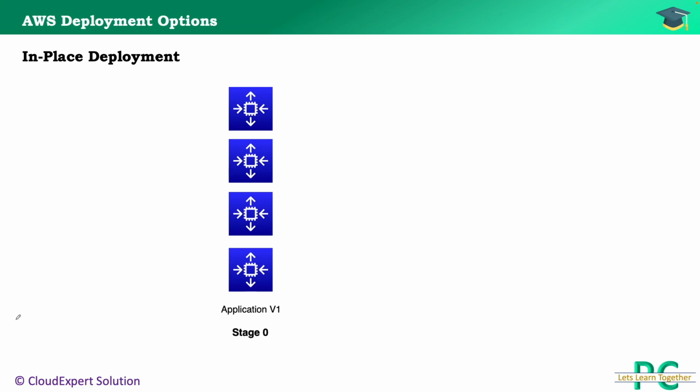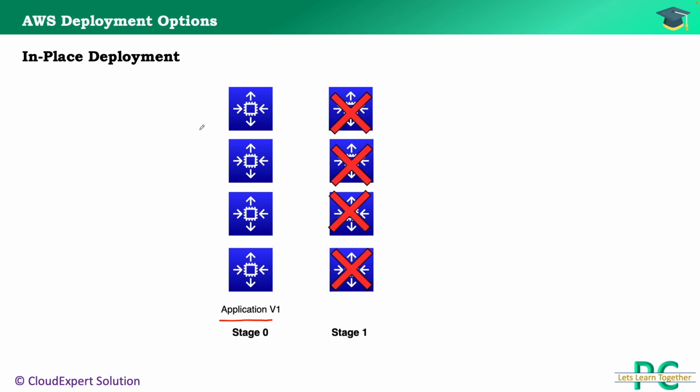Now let's review the total concept using a diagram. Let's say this is your application version 1, you have 4 EC2 instances. As the next step, first all your 4 EC2 instances will be stopped. You won't be able to access your application, there will be application downtime.